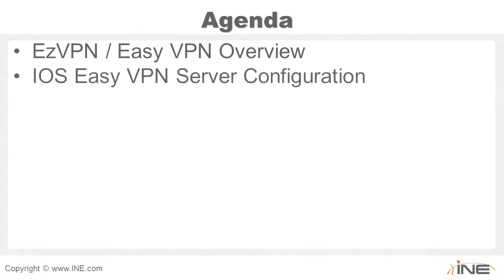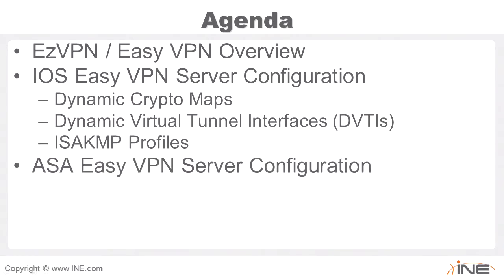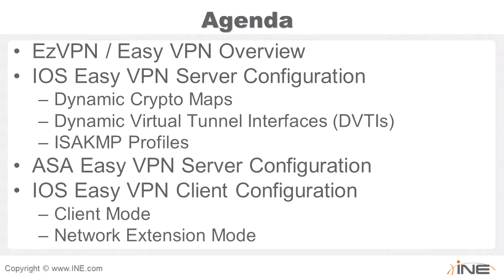For the iOS, we're going to look at the Easy VPN server configuration in a couple different variations: using the original implementation using dynamic crypto maps, which could be considered the legacy mechanism today, and the new implementation using the dynamic virtual tunnel interfaces, or DVTIs, along with the ISAKMP profiles. Then the Easy VPN server configuration on the ASA, and then the iOS Easy VPN client configuration, both in client mode and in network extension mode.